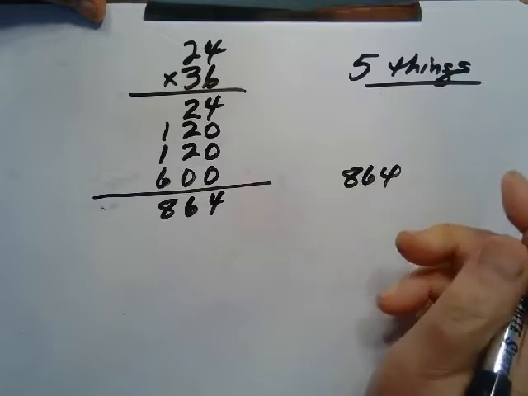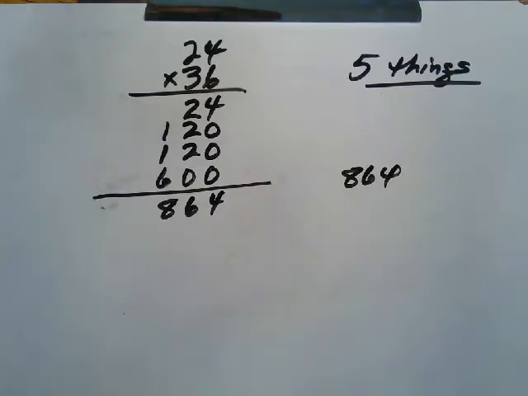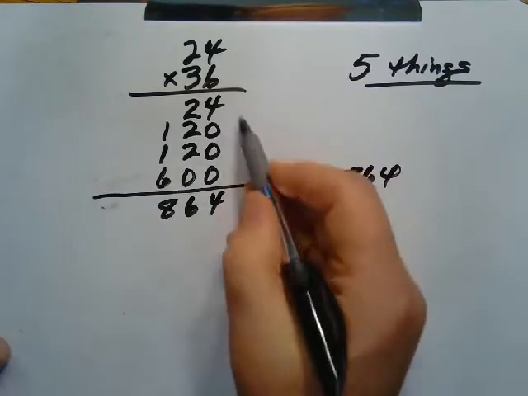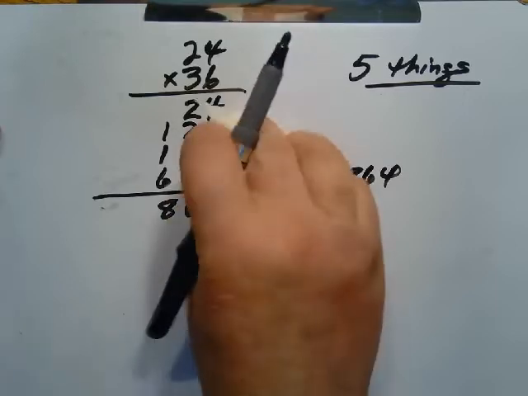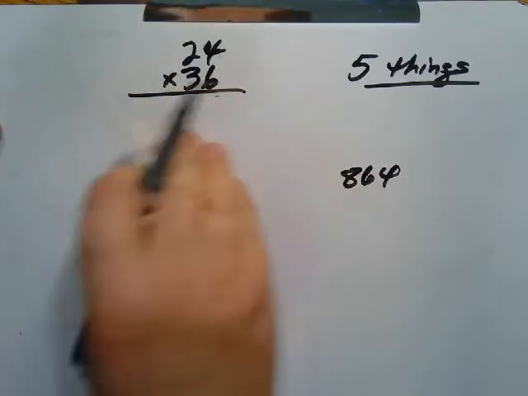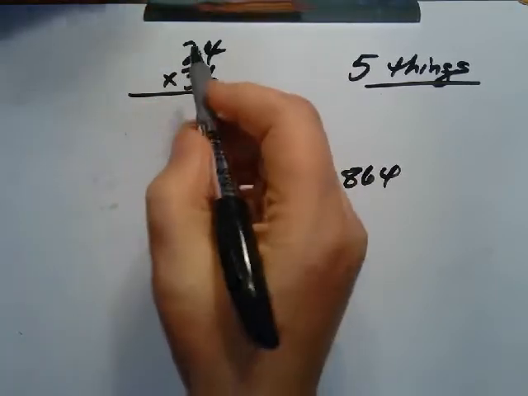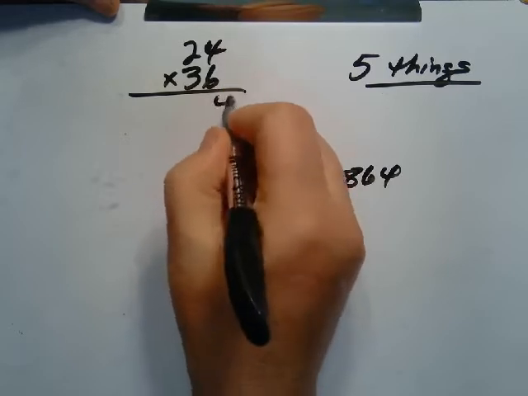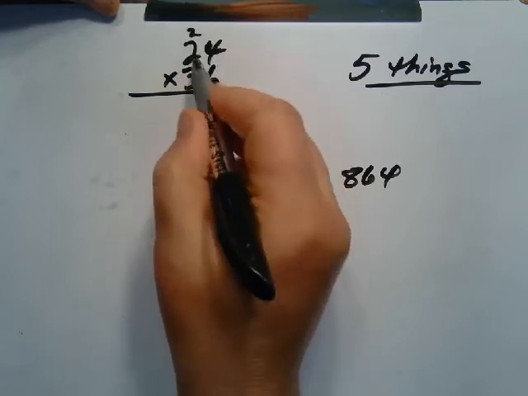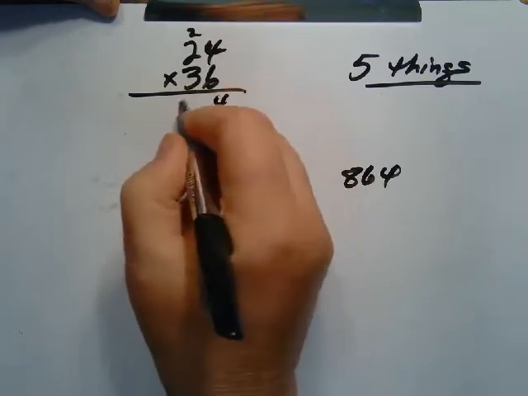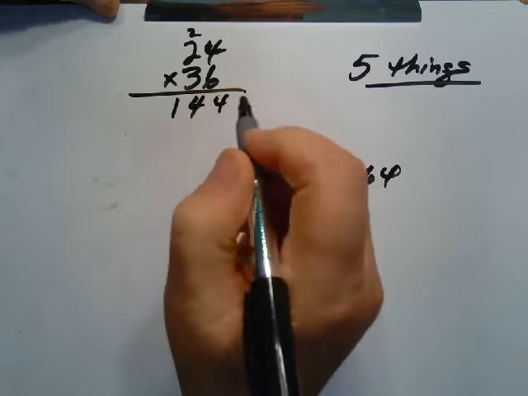Now, if you don't believe me, let's do it the way you used to always do it. So I did 4 things, plus I added them at the end. That's 5 things total. Let's do it the way you were taught. Here we go. 6 times 4 is 24. Carry the 2. 6 times 2 is 12, plus the 2 you carried is 14.